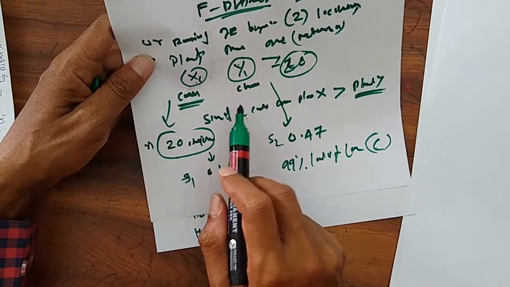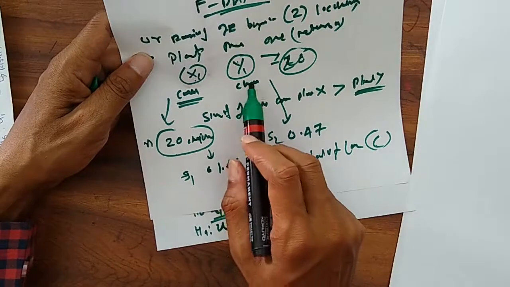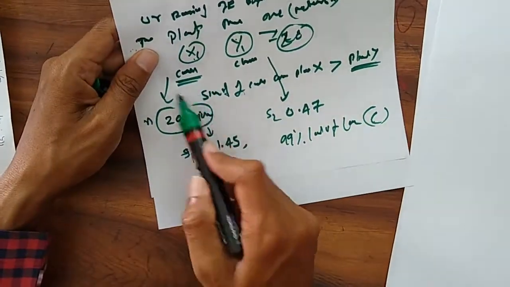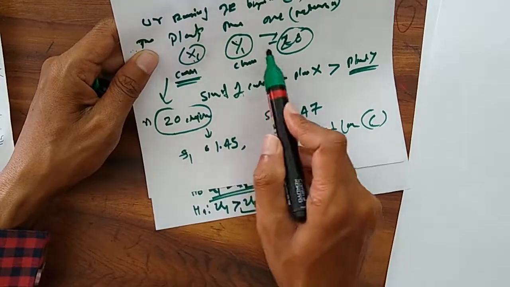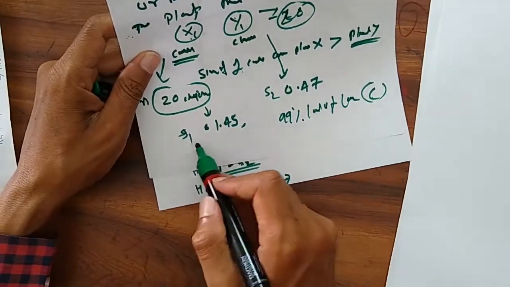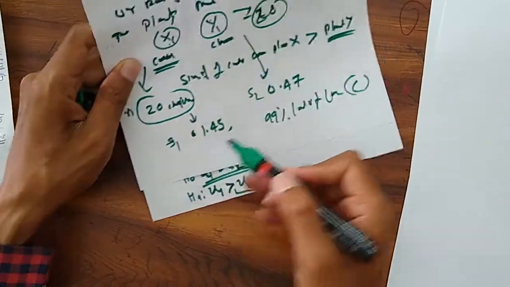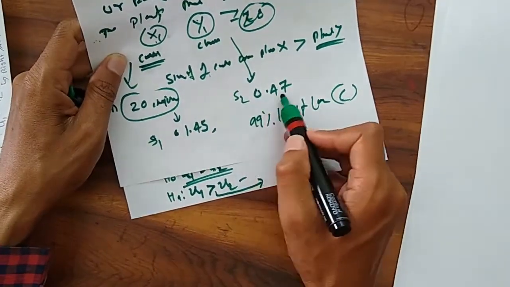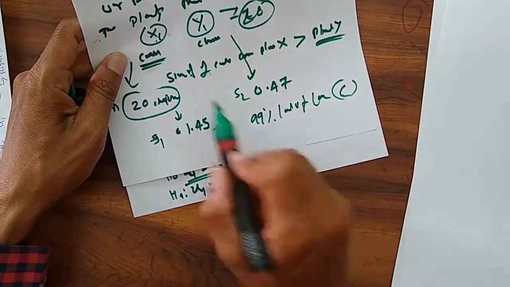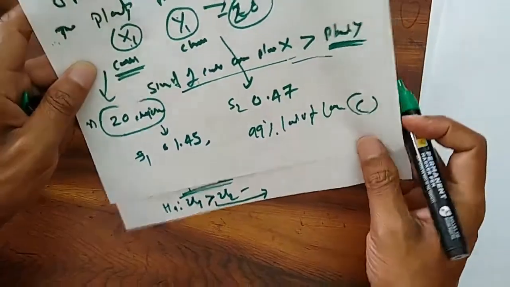You thought that in location X you are creating bigger cell phones compared to location Y. Then you took 20 sample cell phones from location X and 20 from location Y, and you calculated the variance of the sample in location X, that is 1.45, and in the second location you calculated 0.47. Now we need to determine whether this claim is true or not with a confidence level of 99%.